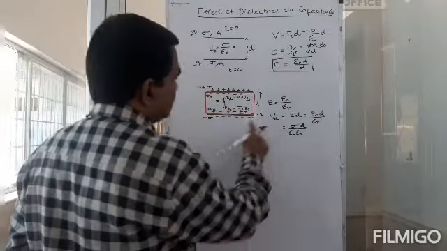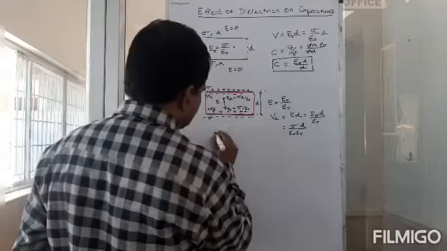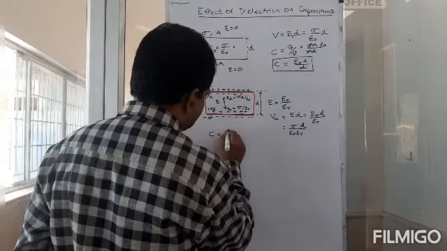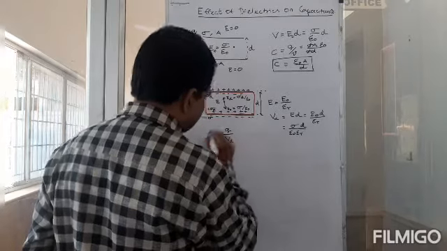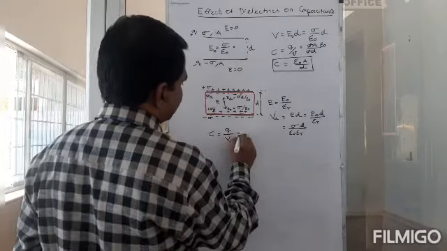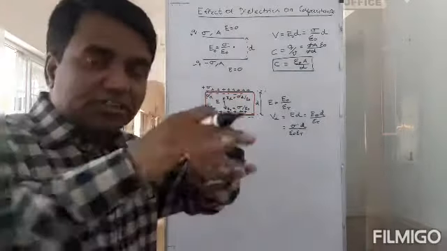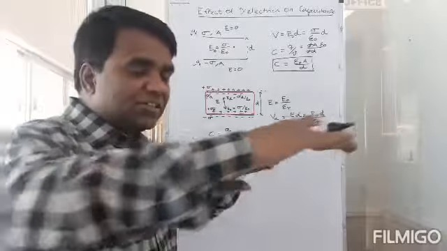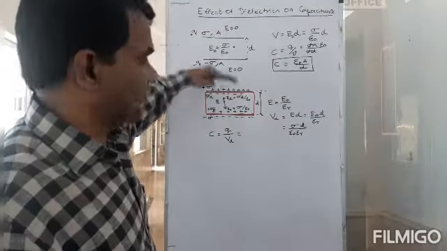Then what is the capacitance now? We know that the capacitance is equal to Q by Vd. Again, what is Q? Q is the same, sigma into A, because that's the charge on the plate. The charge density on the plate is sigma in both cases.